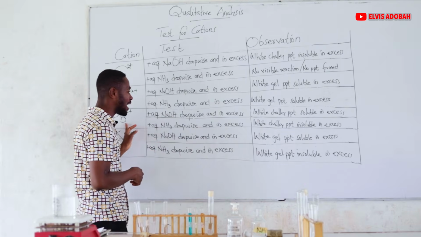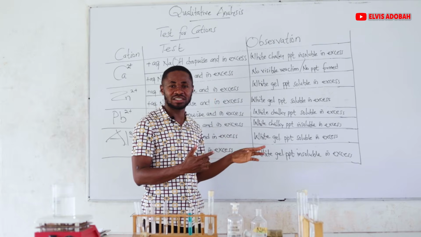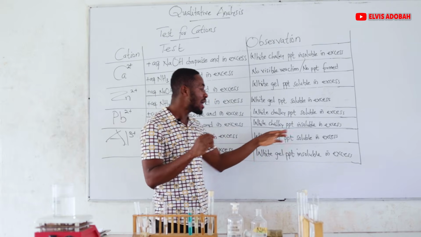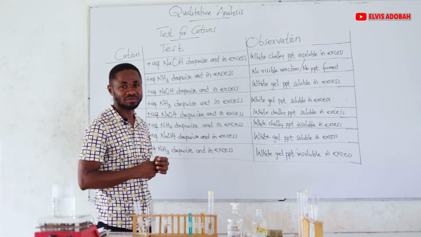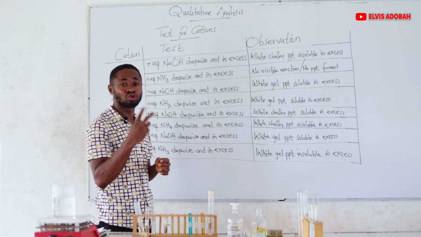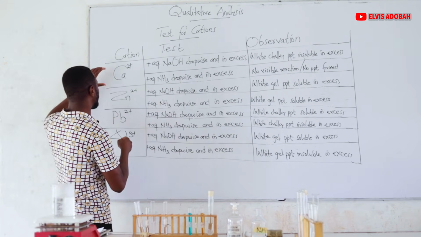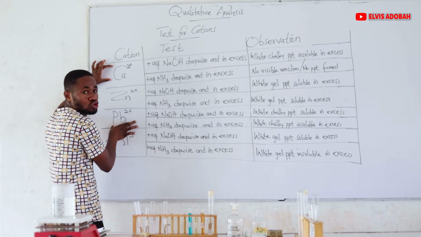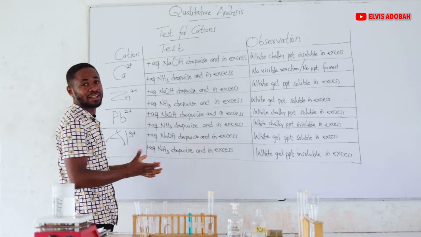But in the case of lead-2+, we formed a white chalky precipitate, which was insoluble in excess aqueous ammonia. So there are two white chalky precipitates you are going to get, from calcium ions and lead-2+ ions. And the difference is clear.